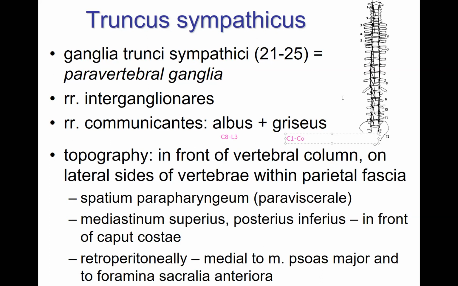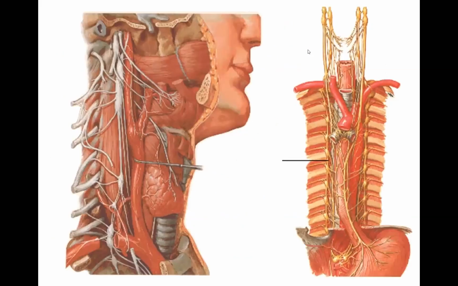Where the trunk runs. Can you see it maybe here? Nicely, yeah, you can see it running along the vertebral column. This one is the vagus nerve, and you can see as the vagus nerve forms here a plexus, and then it continues down.